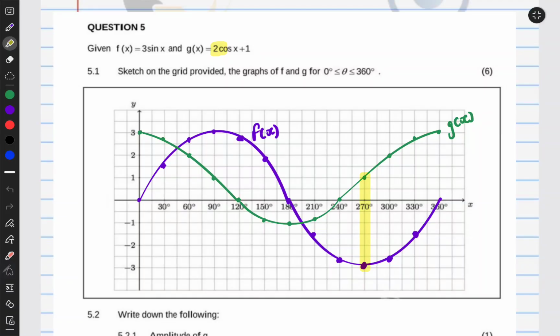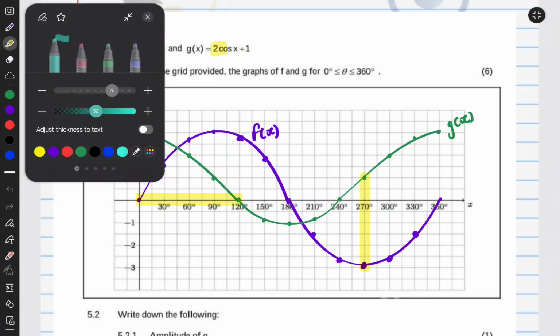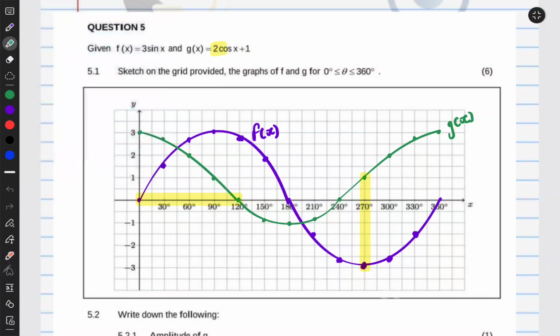From 0 to 120 degrees, from here to here, both functions are above 0, so they are both positive. So from 0 to 120 degrees, they are both above, so that is going to work. A positive and a positive will give us a positive.